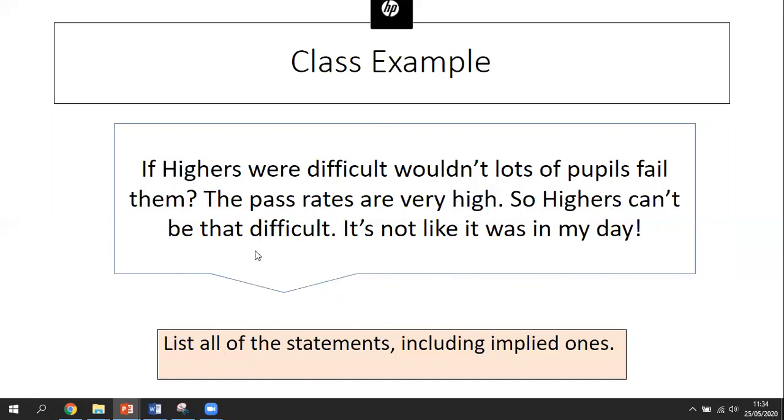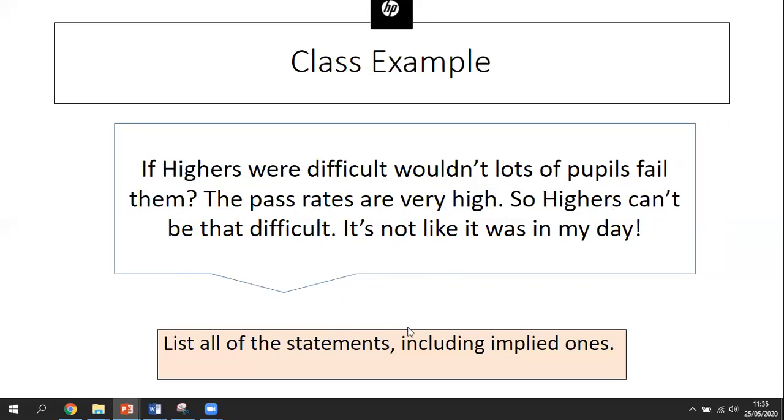What it's doing is saying, if they were difficult, wouldn't lots of people fail them? It's providing support to the conclusion here, which is indicated by the word "so". So if you reword it and say, if Highers were difficult, lots of pupils would fail them, that would be your first premise.